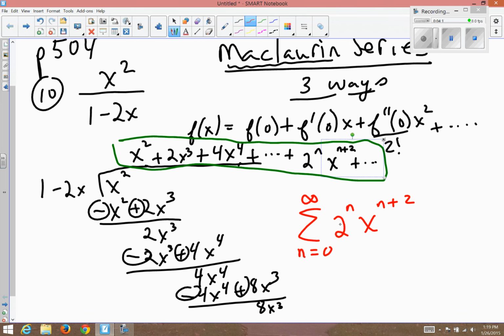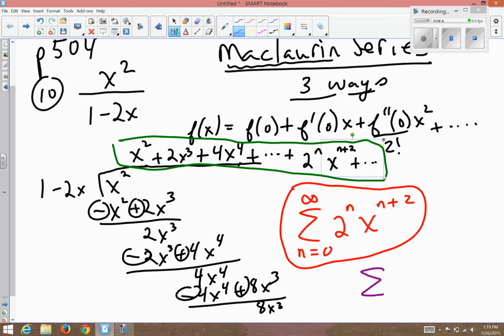Notice when n is 3, that's 2 to the third, which is 8, times x to the 5th, which would be the next term. That's the ones that are written. So what's in the red circle is also the correct answer to number 10. What's in the green is correct, and red is another way to write it. And another thing you can do with this series, you can do in one step.